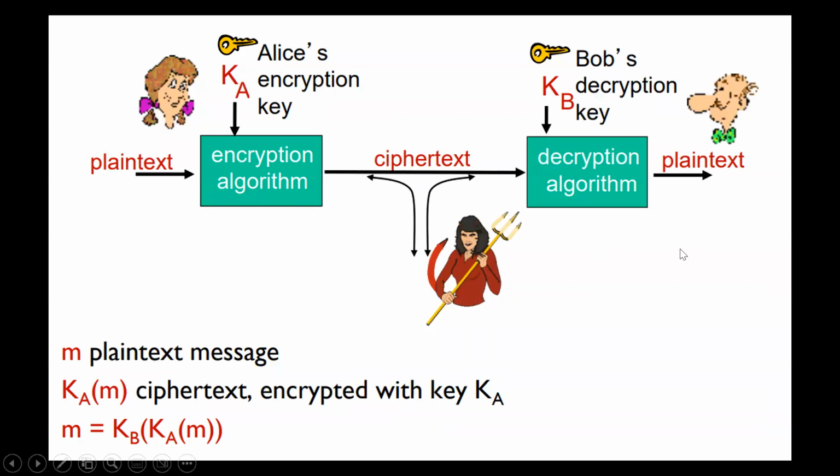Here is a picture, the basic overview of how we get plain text from one person to another with encryption. We have Alice and Bob. Alice wants to give Bob a message, but we don't want anyone else to see it. So Alice and Bob have a key, which we call a shared key.